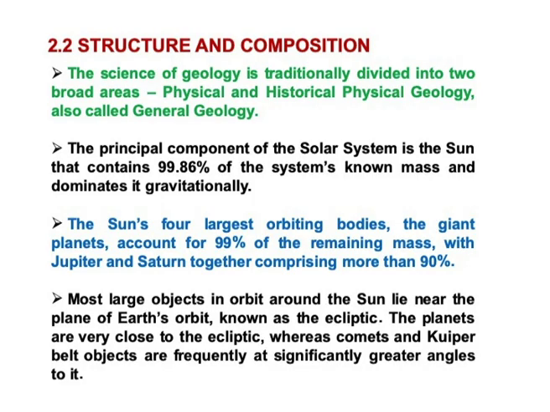Most of the large objects orbiting the sun lie near the plane of Earth's orbit, known as the ecliptic.